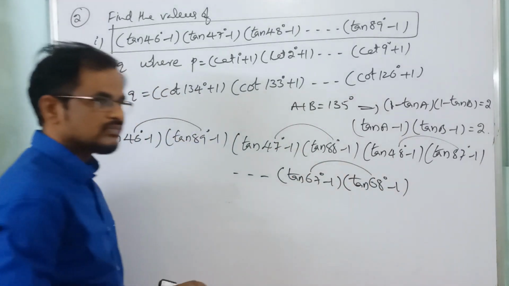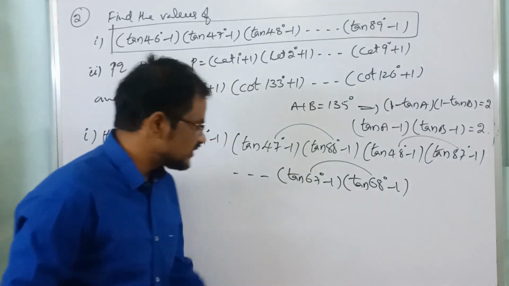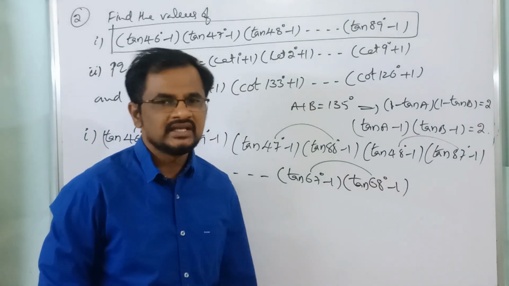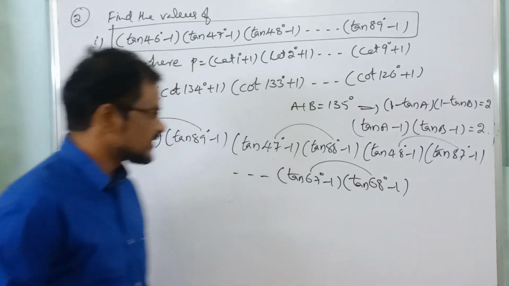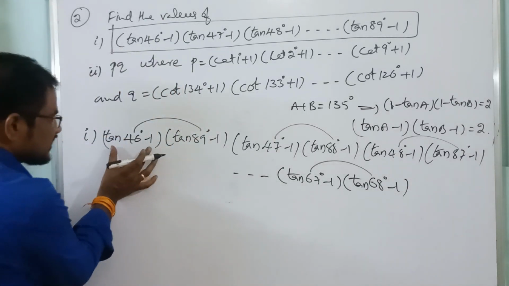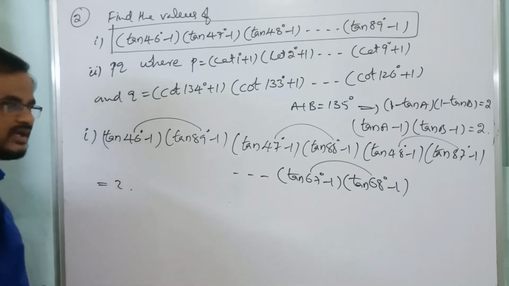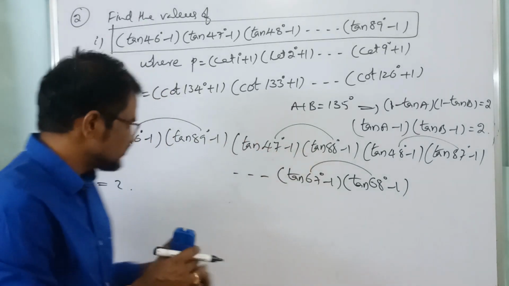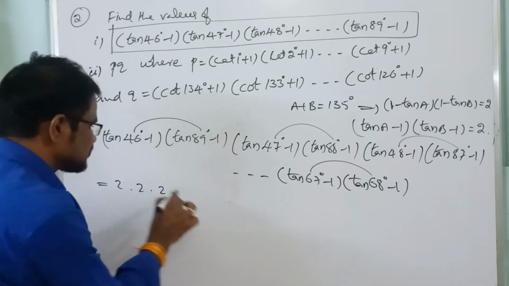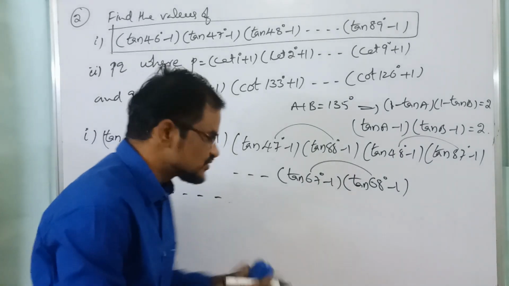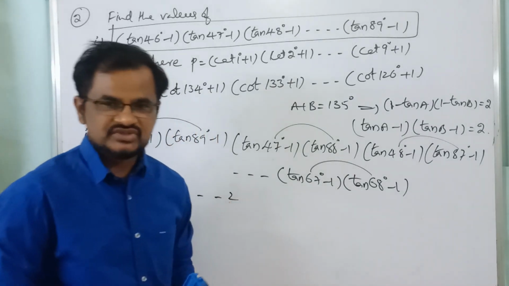Add these two: 67 plus 68 is 135 degrees. So here it is in the form of tan a minus 1, tan b minus 1. This gives value 2. So this pair also has value 2, and this is 2, and this is also 2. So how many times?